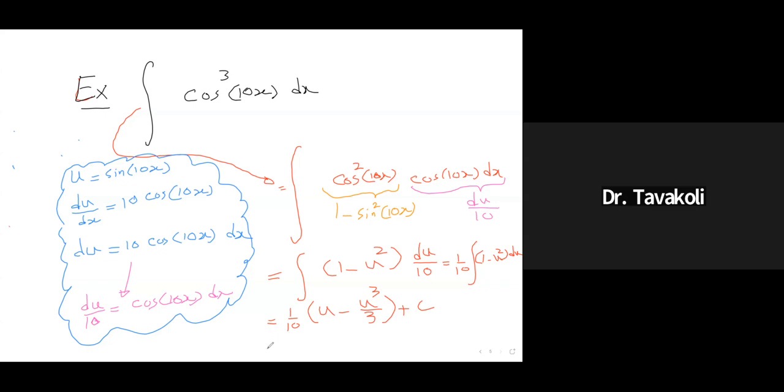Just for the final answer, that I want to place in this box, I can multiply 1/10 by these two terms, and back substitution, u is what? Sine of 10x.